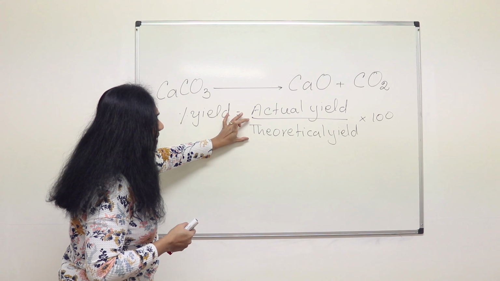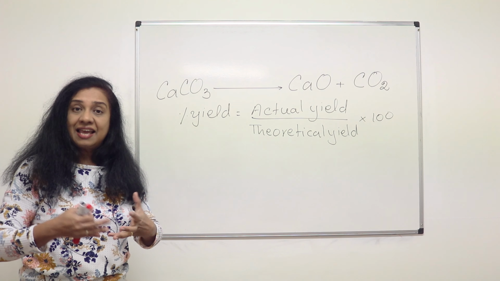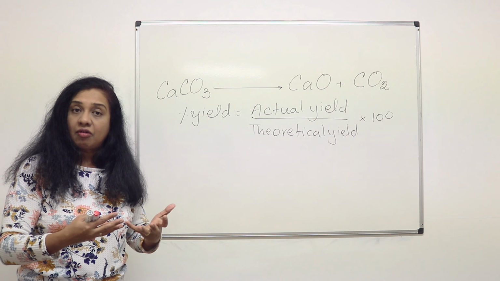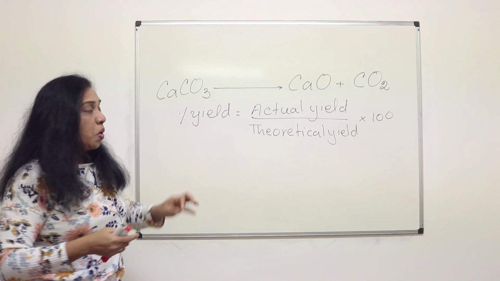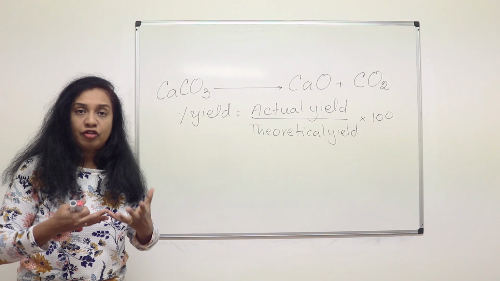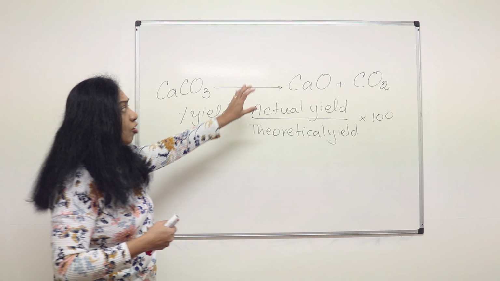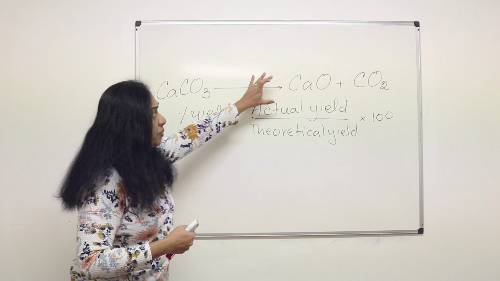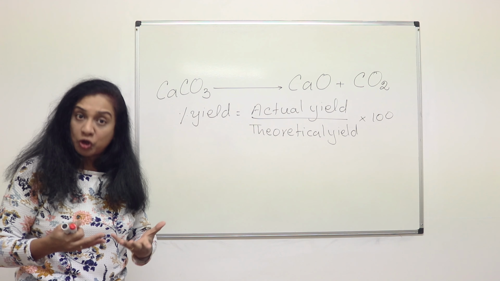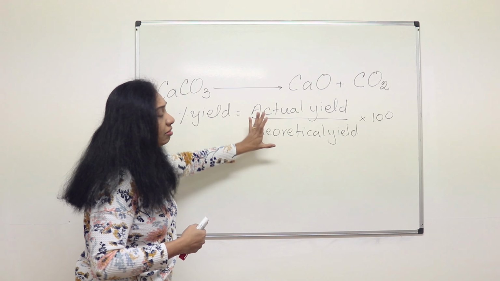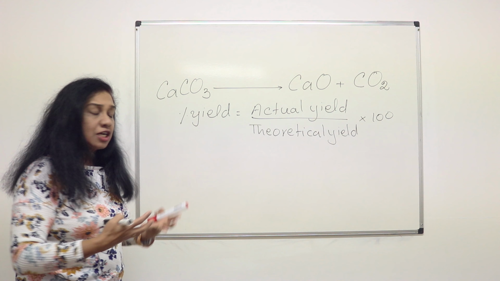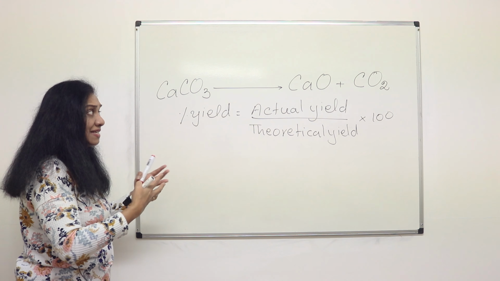The theoretical yield is the yield that is gained in a chemical reaction when we write it in theory. When we write the equation and calculate the formula mass of a compound, that formula mass is going to be the theoretical yield. For example, we said we are going to focus on calcium oxide because that is our question.